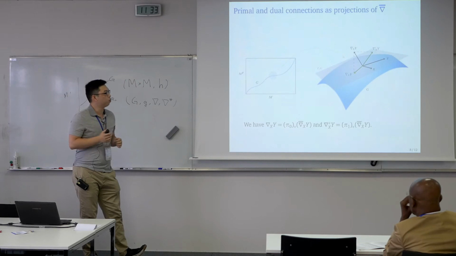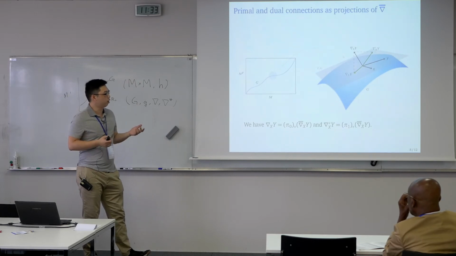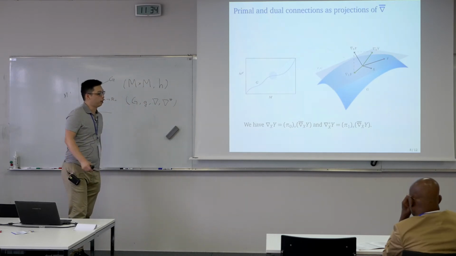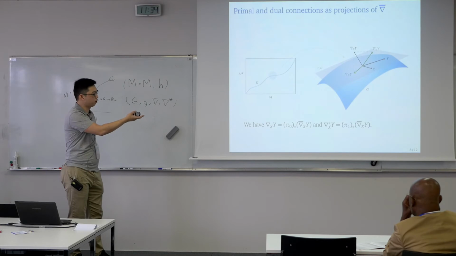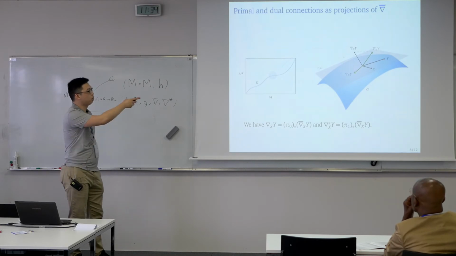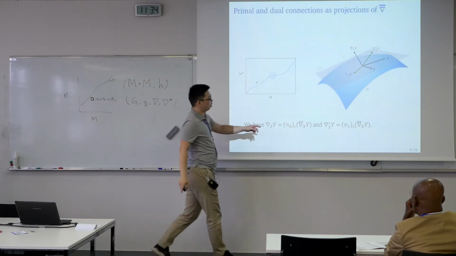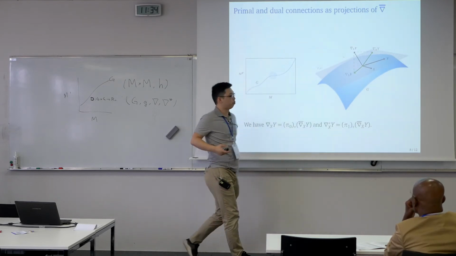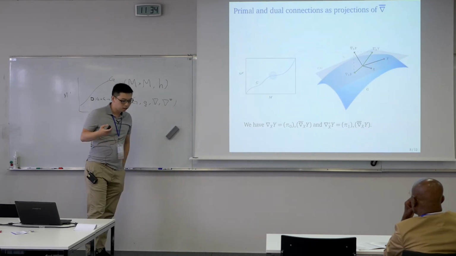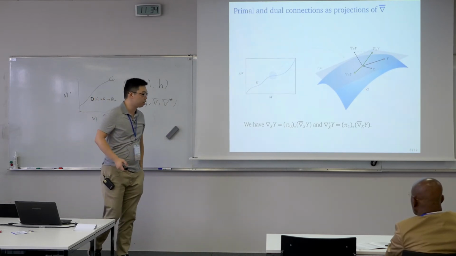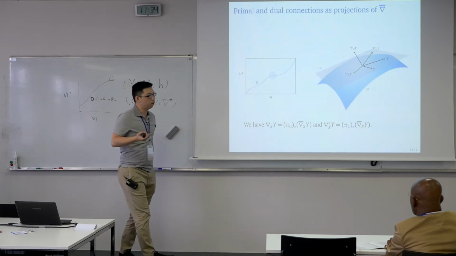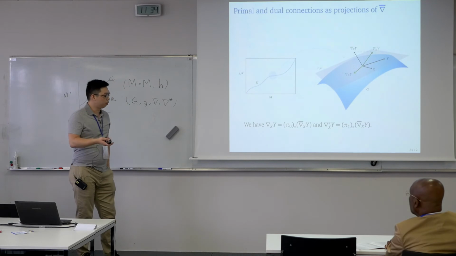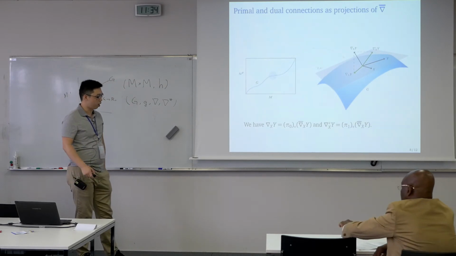However, we can project this new vector to the tangent space just by applying the differentials of pi 0 and pi 1, which gives you these two green vectors. These two green vectors are just the projections of the black one on the tangent plane. And our theorem simply says that these two vectors are nothing but the primal and the dual connections of xy.